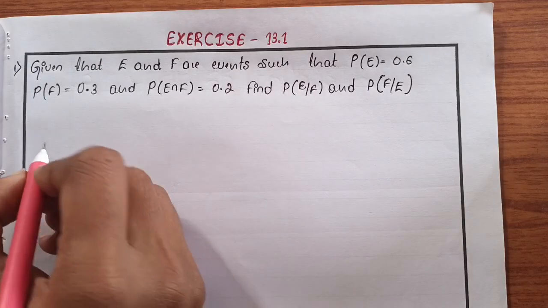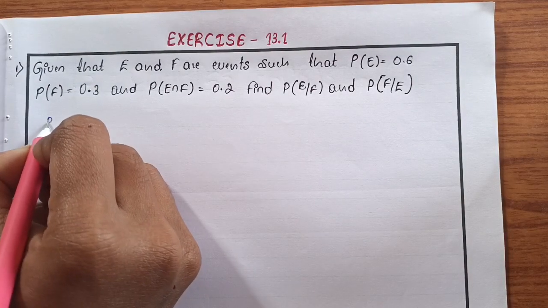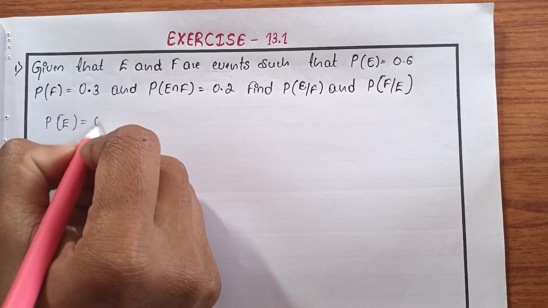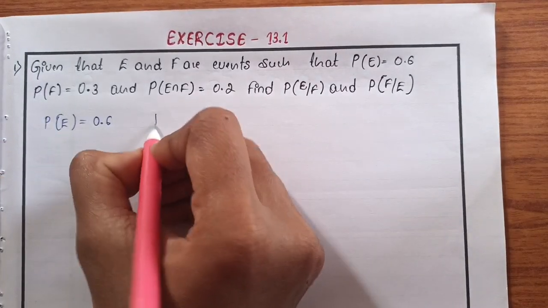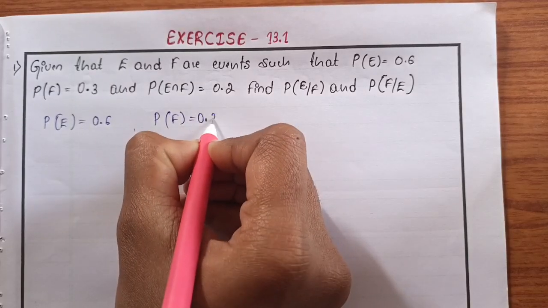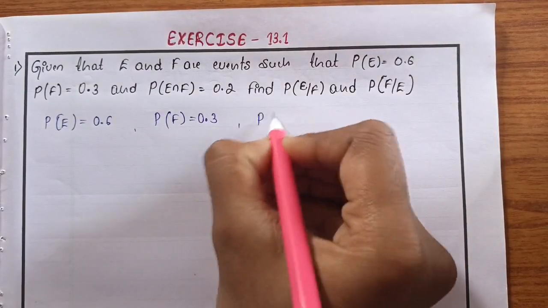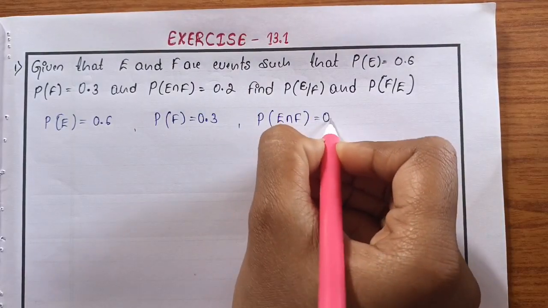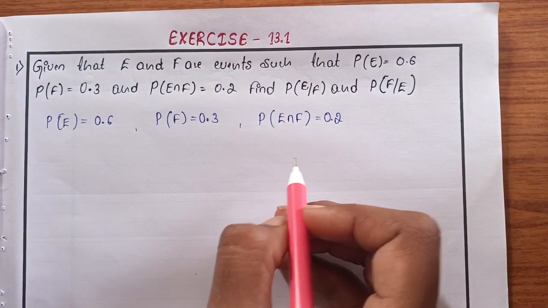So first we have to write probability of event E equal to 0.6, probability of event F equal to 0.3 and probability of E intersection F equal to 0.2. What we find?